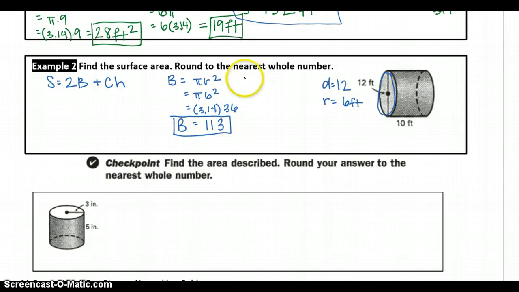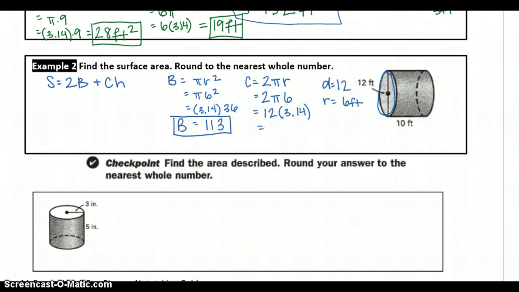Next we need to find the circumference of our base. Again, our formula for the circumference is 2 pi r. Our radius is 6 feet. We can plug that in. We get 2 times pi times 6. 2 times 6 gives us 12, and we can plug in 3.14 for pi.